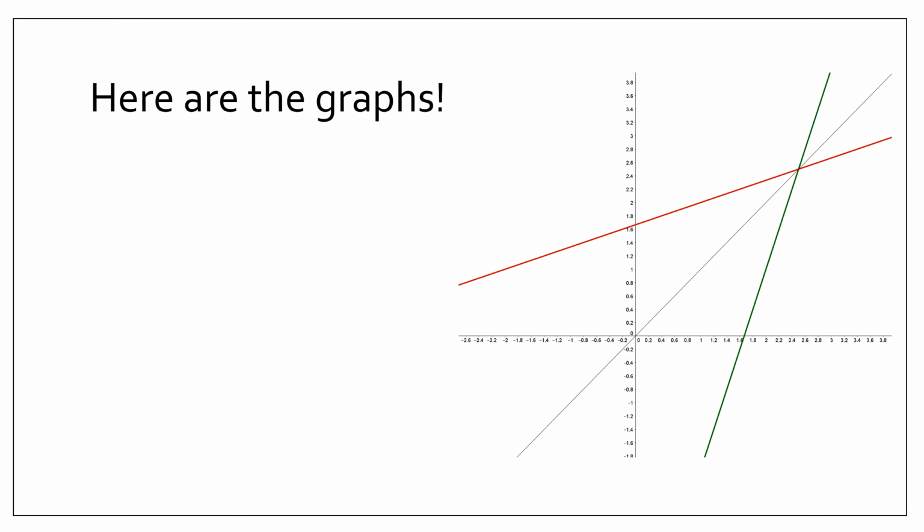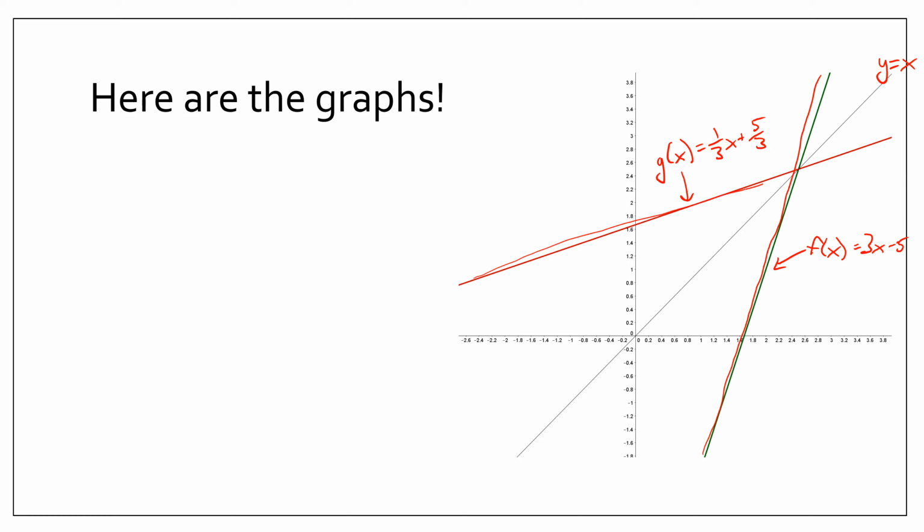Super cool. Here are the graphs, if you wanted to know. Let's see, this top one is the inverse. G of x equals 1/3 x plus 5/3. This one is the original function, f of x, and it was, what was it again? 3x minus 5. And as you can see, I drew the line y equals x here, and it definitely looks like these functions are reflected.